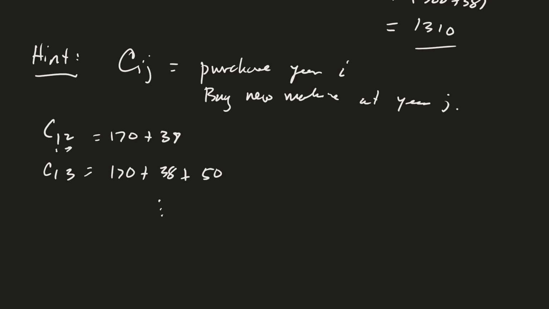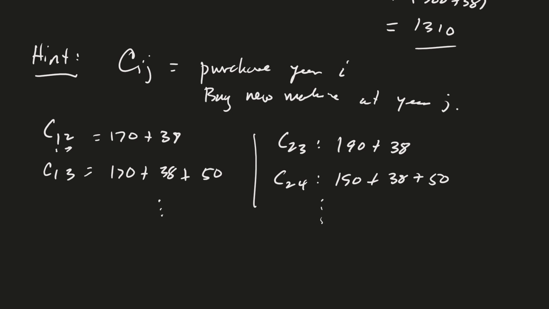What would C23 be? C23 would be a purchase in year two, and then we're purchasing new for year 3, so that'd be 190 plus 38. Similarly, C24 is 190 plus 38 plus 50, and so on. And then we just continue that.